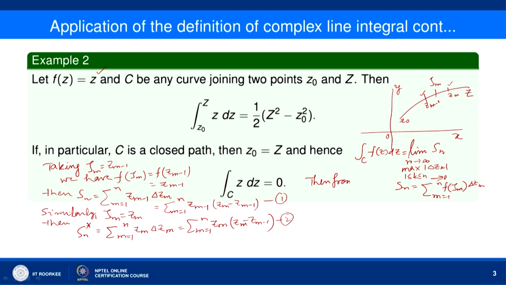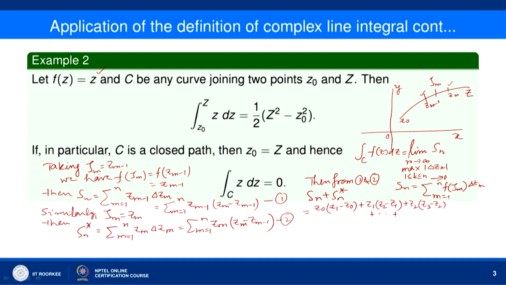Then from 1 and 2, S n plus S n star is equal to the sum over m equal to 1 to n. Let me write S n first. That means Z naught into (Z1 minus Z naught), then Z1 into (Z2 minus Z1), then Z2 into (Z3 minus Z2) and so on.